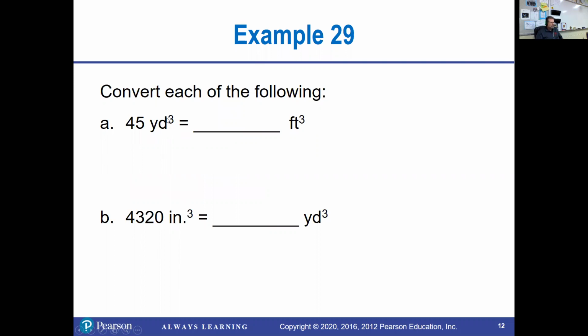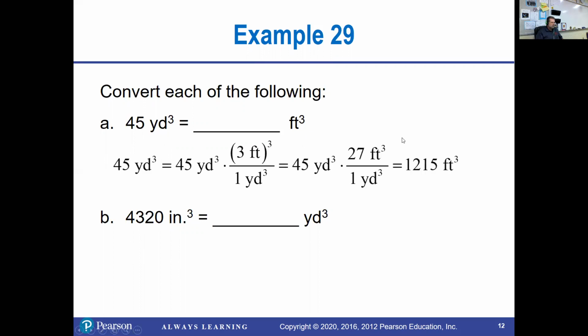Now, you should be able to go cubic yards. Now, here's the thing. If I'm going cubic yards to cubic feet, there are 3 feet in a yard. Well, a cubic yard would be a yard by a yard by a yard, which would be 3 feet by 3 feet by 3 feet. So 3 times 3 times 3 is 27.